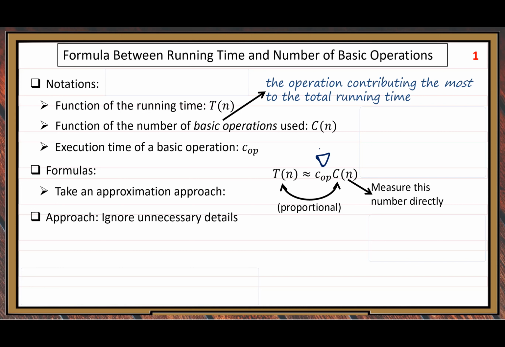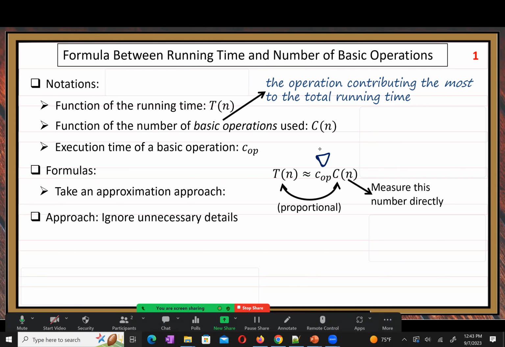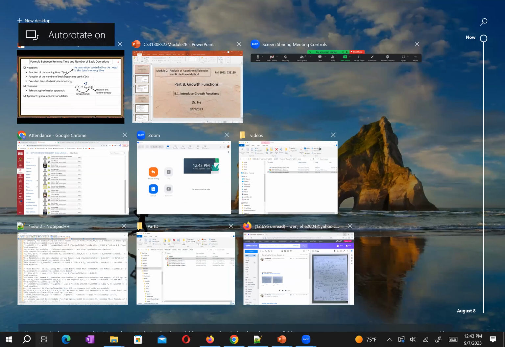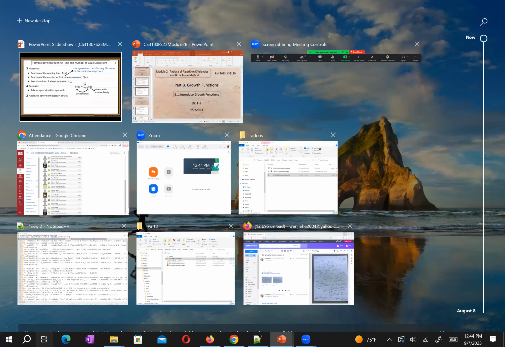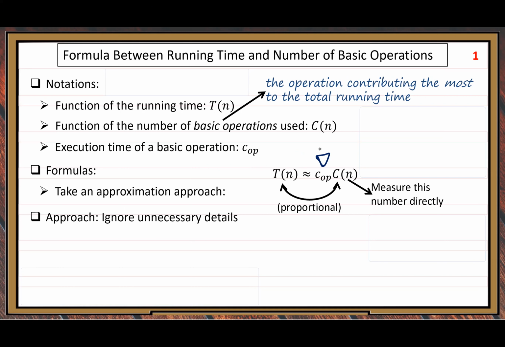Let me explain a little bit about the dominant term. First round simplification, dominant term.